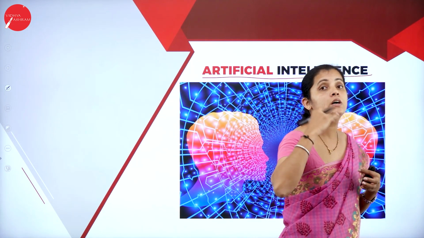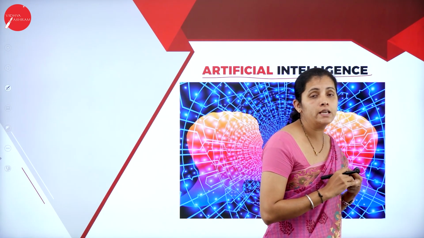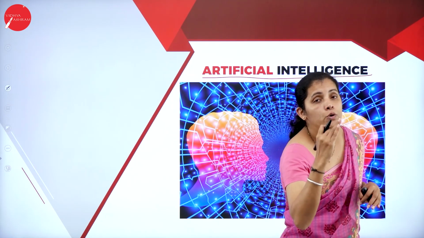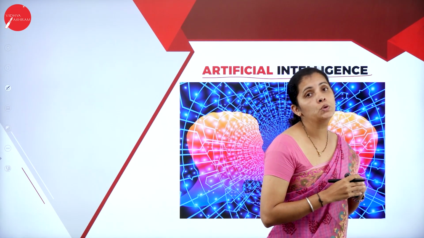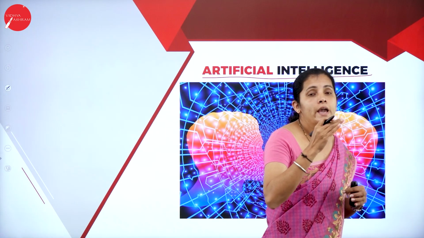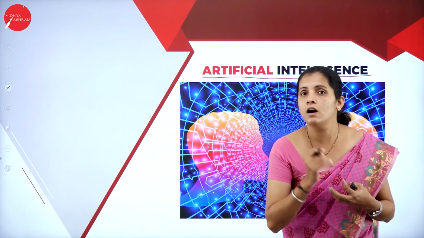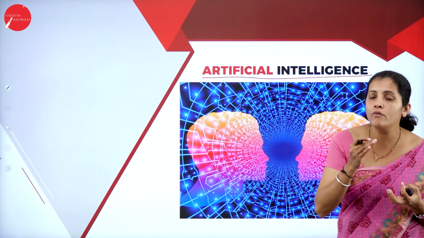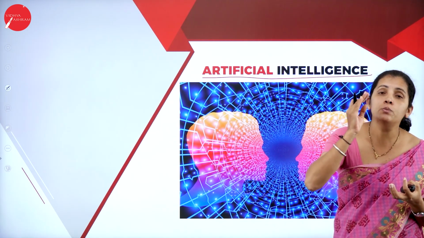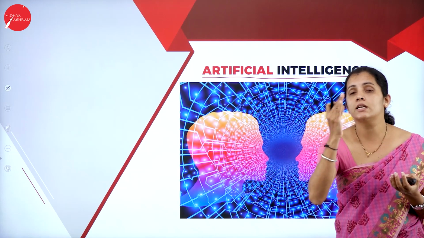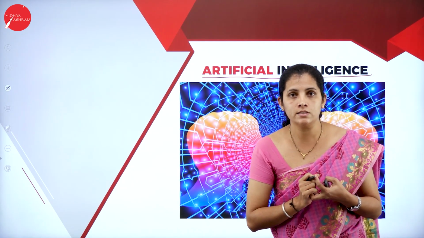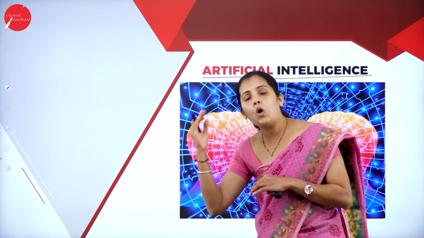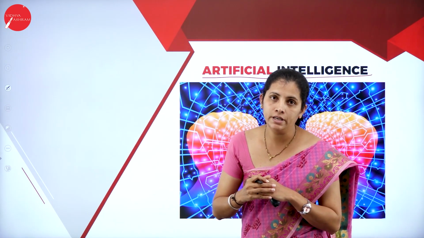That means how human beings think, how human beings interact, how human beings solve problems, everything comes under artificial intelligence. That means it is a process of simulating human intelligence in a computer system. The computer system is capable of doing human activities.